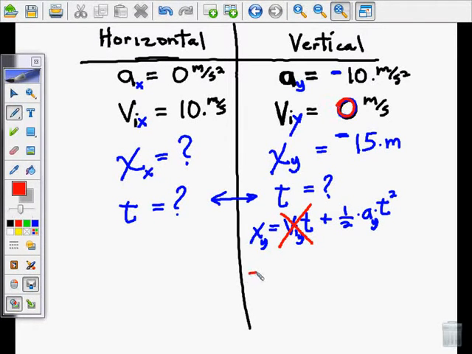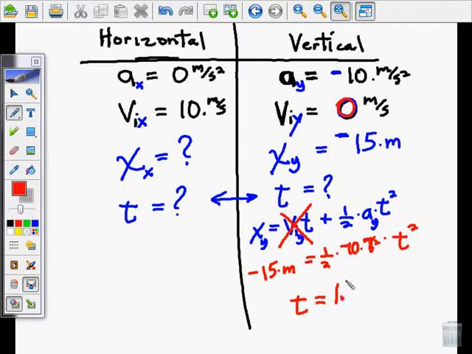So you have negative 15 meters is equal to 1/2 times negative 10 meters per second squared times time squared. And then you solve for time. Don't forget to take the square root. And what do you have? 1.7.